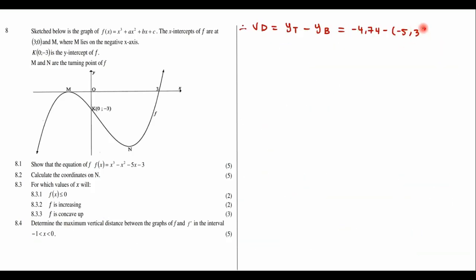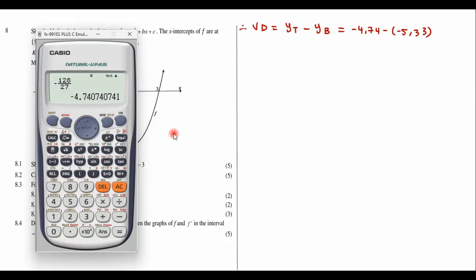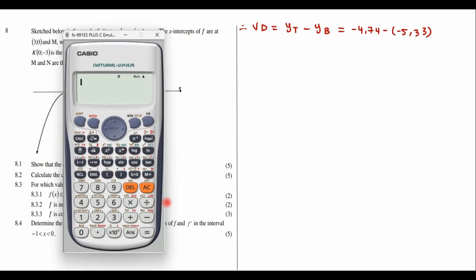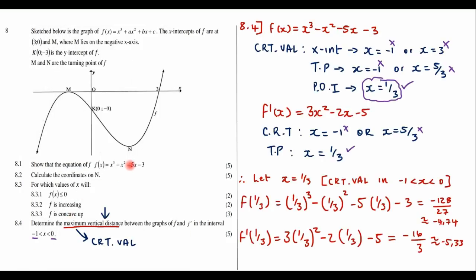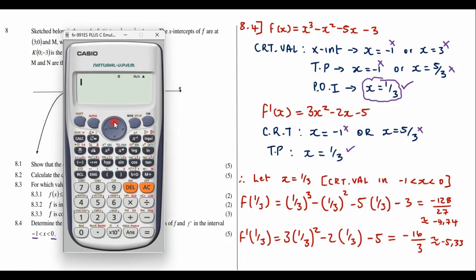All right, so let me press this in the calculator. Rather, let me press exactly the ones that we got as fractions, just to make sure that we get the exact answer. So I'm taking minus 128 over 27, and then I subtract minus 16 over 3.